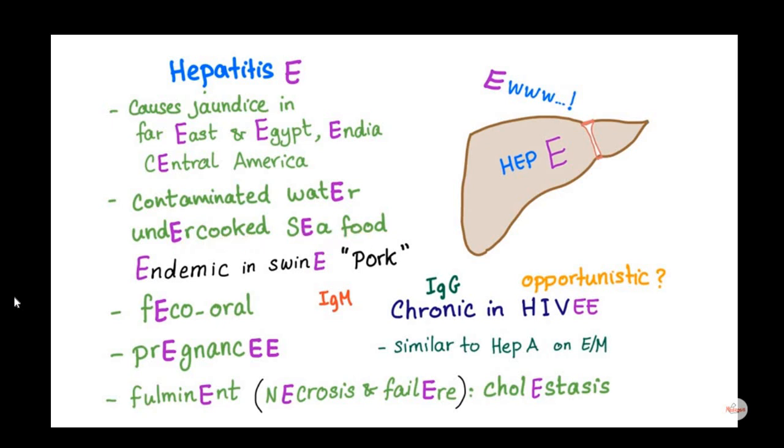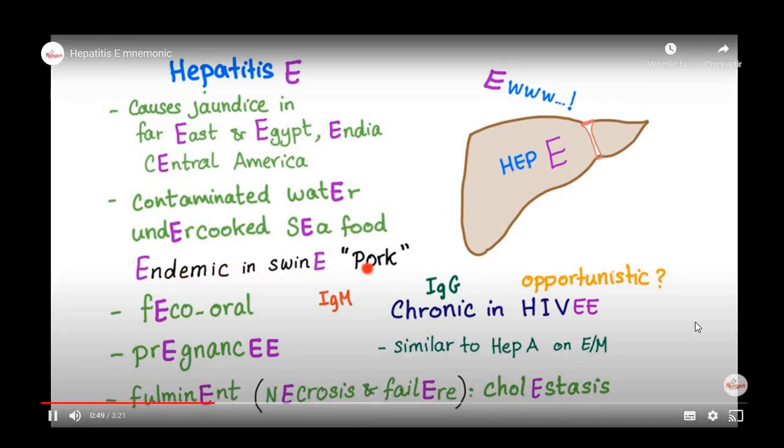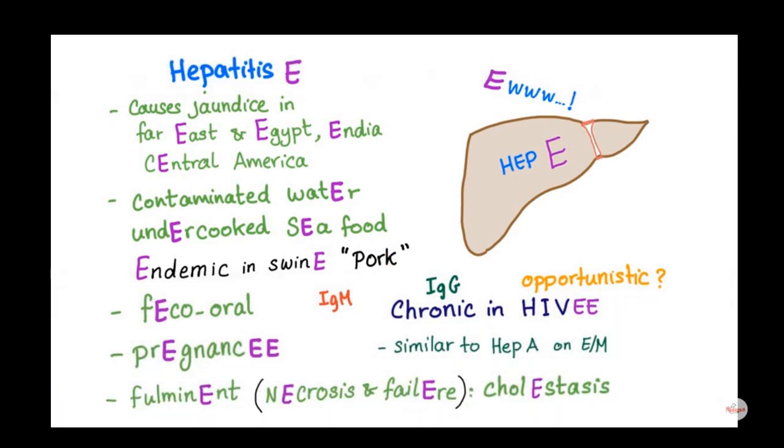Sometimes some genotypes of Hep E are endemic in the swine. So undercooked pork can cause Hep E hepatitis. So swine, pigs eat everything, including garbage and worms, so that's ew. No offense to pigs.